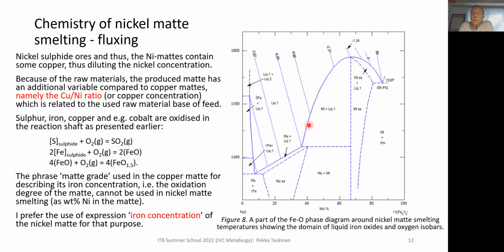This is the primary phase field of magnetite in the iron oxygen phase diagram, which is then expanded into a 3D triangle or system when silica is added and temperatures are also lowered to allow, for example, copper smelting at 1300, as described yesterday.